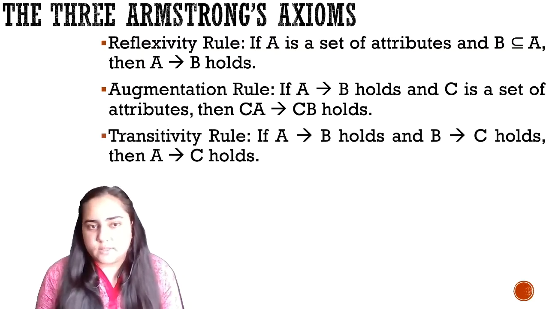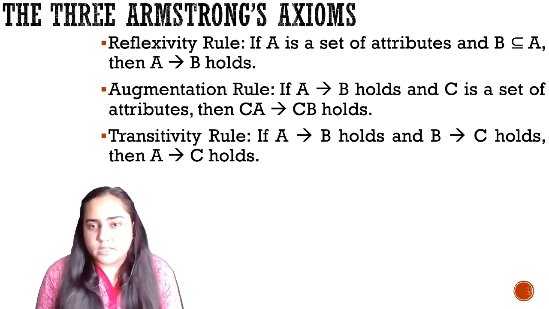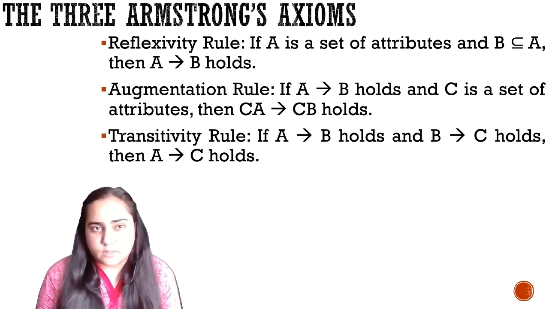The third Armstrong axiom is the transitivity rule, which says that if A determines B holds and B determines C holds, then A determines C holds. Notice that in A determines B, on the right side there is B, and in B determines C, on the left side there is B. Both dependencies have B in common on opposite sides, and that's why you can conclude that A determines C. These are the three basic Armstrong's axioms.